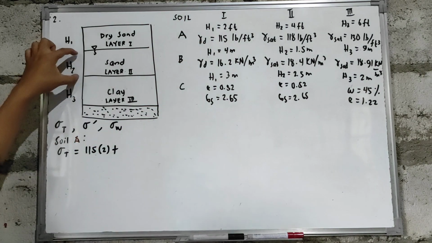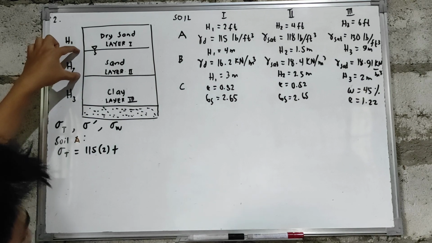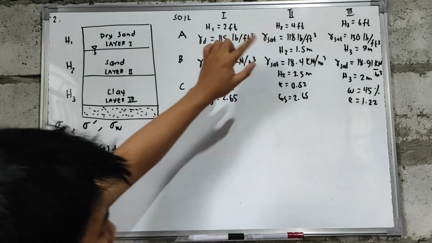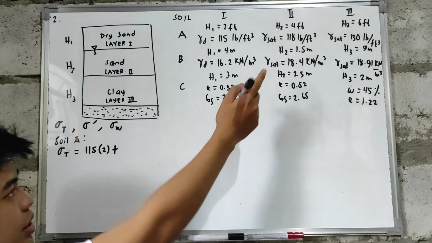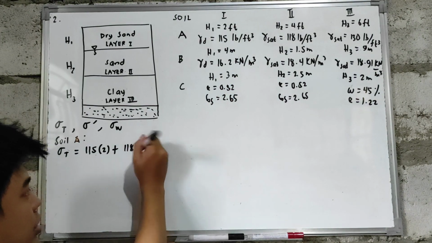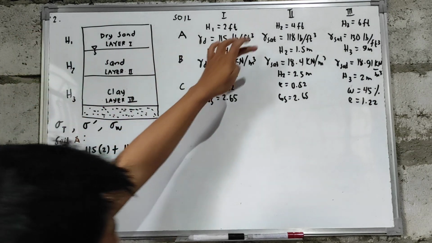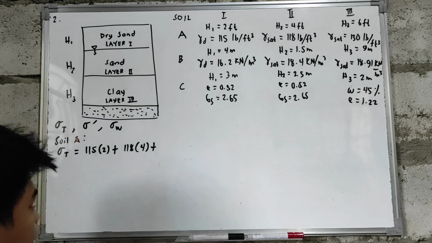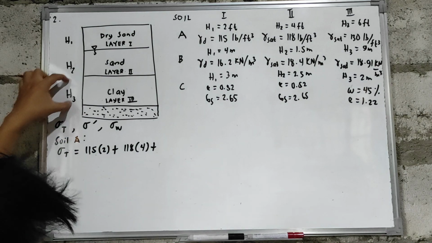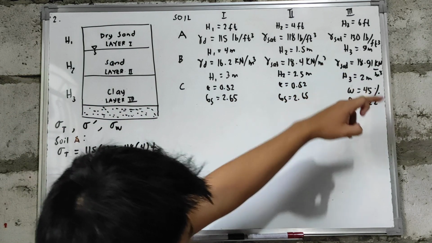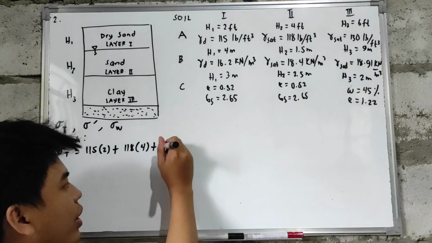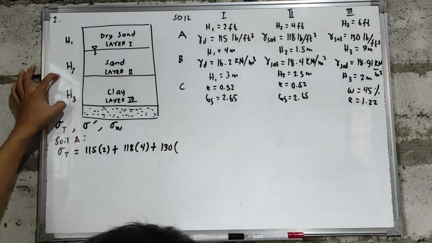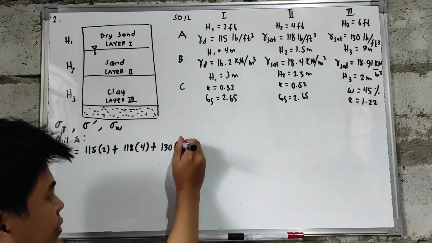plus sa second layer na tayo. So yung unit weight ng second layer natin, it is a saturated unit weight. So you will have 118 multiplied by yung height niya which is equal to 4 feet. Plus, yung last layer natin, it is a saturated clay having a value of 130 and a height which is equal to 6 feet.